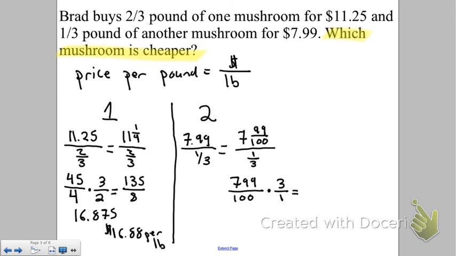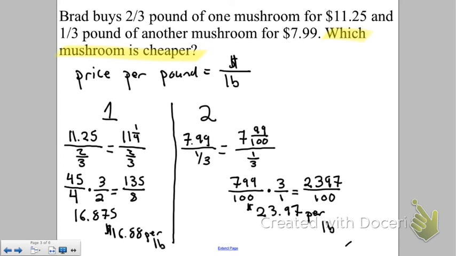When I multiply 799 times 3, you get 2,397, and then that 2,397 divided by 100 is 23.97. So that's dollars per pound.